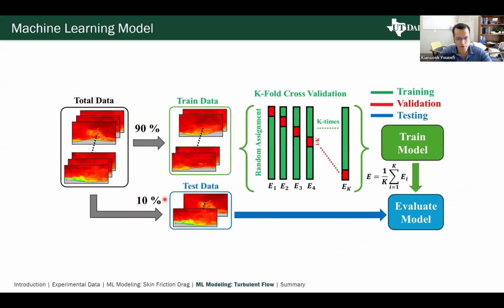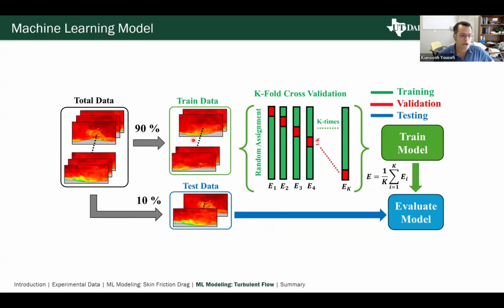But once we started to do this training, we soon observed that we have overfit problems. The data set that we had was not enough to learn all the multi-scale structure of the turbulence. So to mitigate that problem, we use a technique called k-fold cross-validation. In this technique, we use 90% of the data for training and 10% for the test.